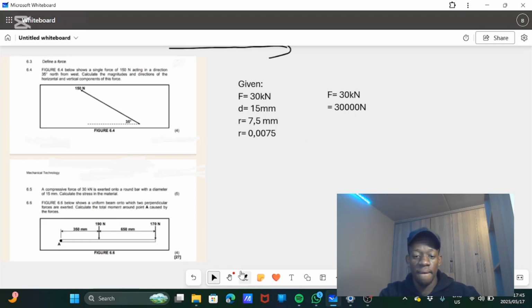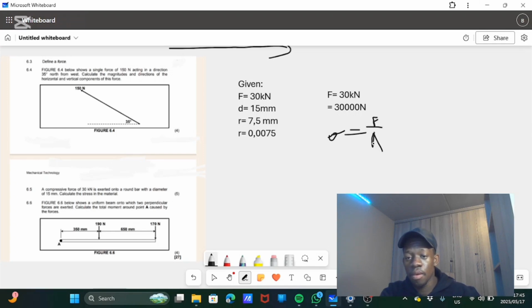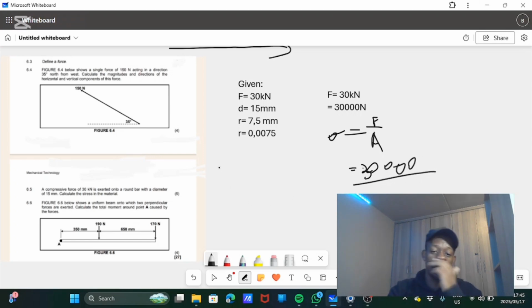Again, our formula is 30,000 newtons over area. Let's calculate the area.